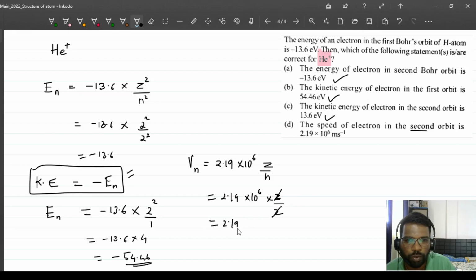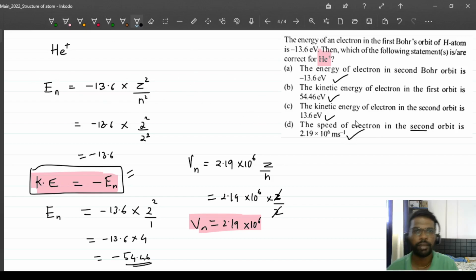What is the answer? 2.19 into 10 raised to 6. So this is the velocity. Here we have revised this formula. We know kinetic energy will be the negative of the total energy, right? So all the options A, B, C, and D are correct.